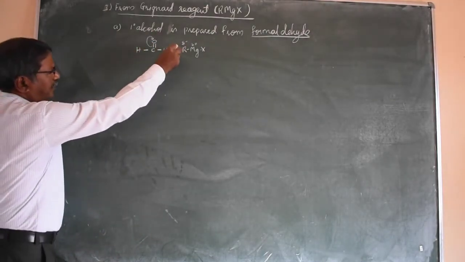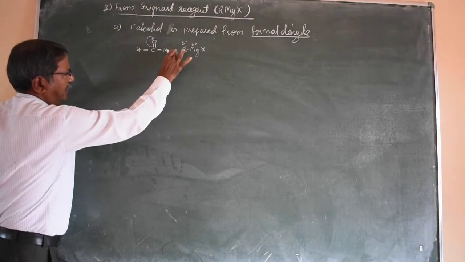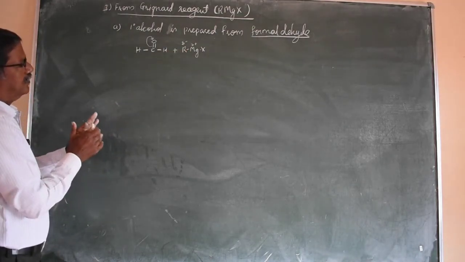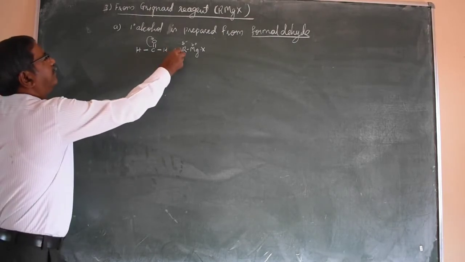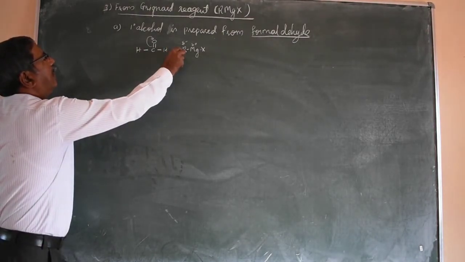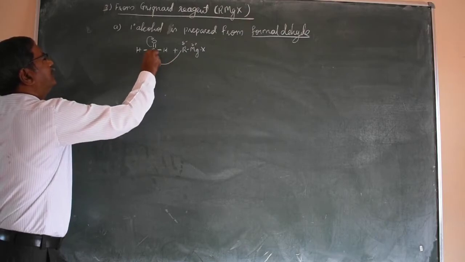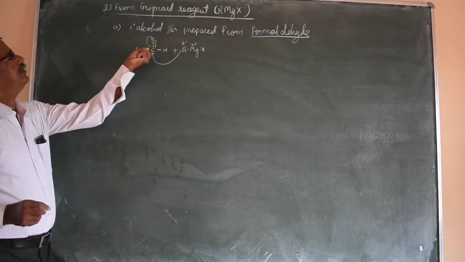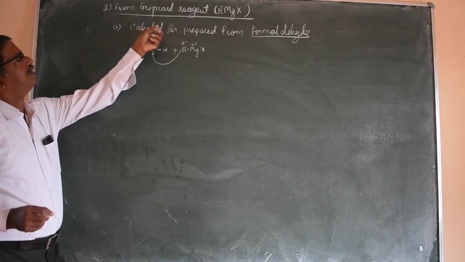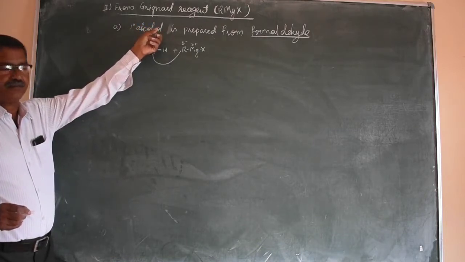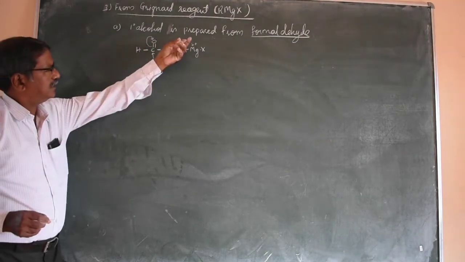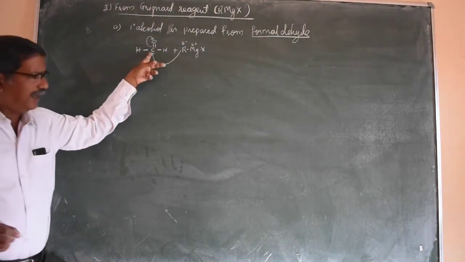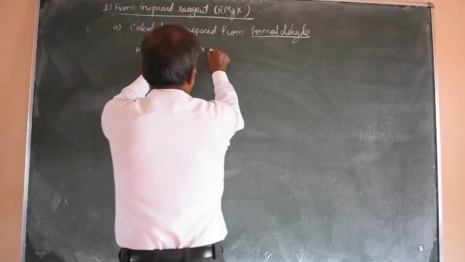Electrons move to this one, remember it's very important, and this is the simple method we are using to prepare 1 degree alcohol. So R interacts with this carbon. This is because it is more positively charged due to the movement of electrons to the electronegative oxygen atom. The negatively charged R attacks this, and you are getting this product.